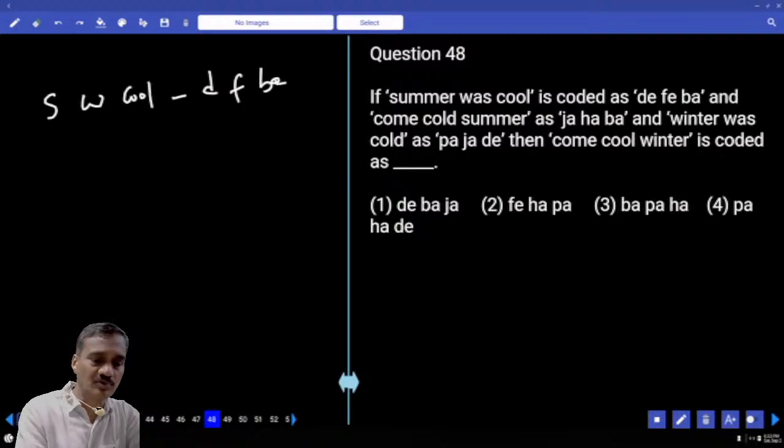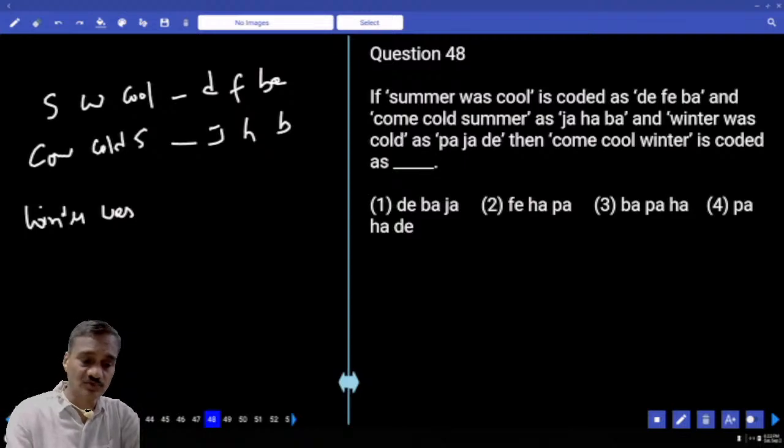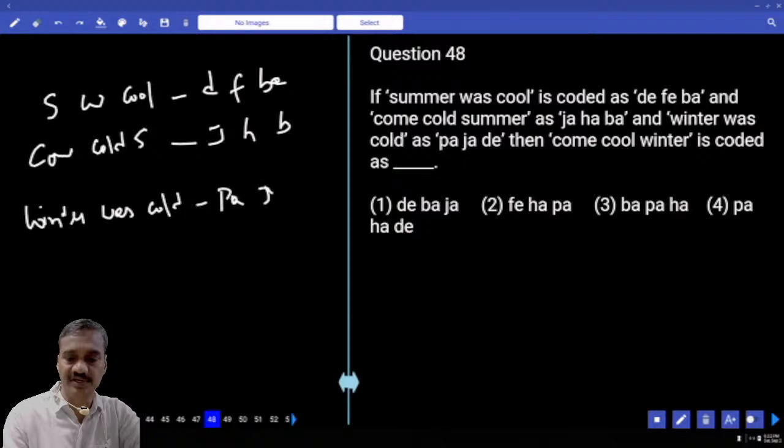And next one, come cold and summer, and here J and H and BA. Then in this one, winter was cold, that is PA, JA and DE.